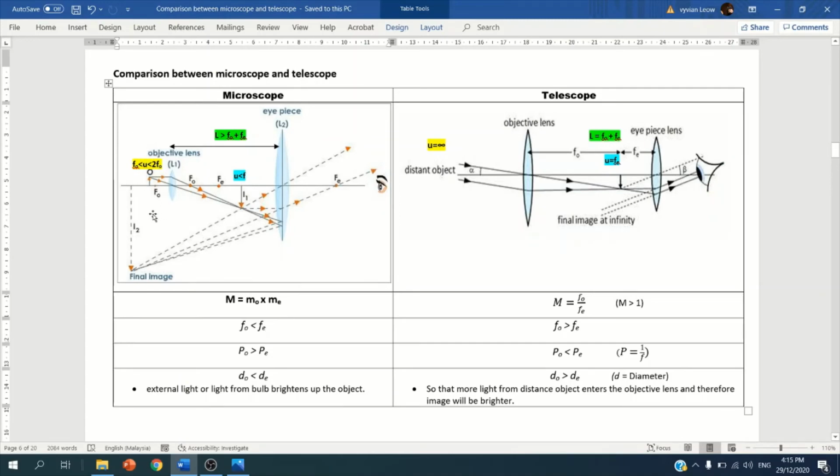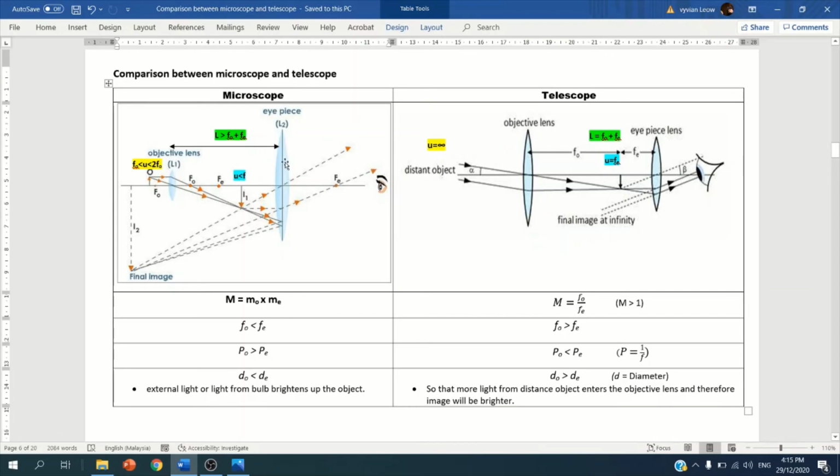From case number 3, we know that the image is real, inverted, and magnified. So the first time, the object has been magnified. This image becomes the object of the eyepiece, and this second object is placed at u less than f.